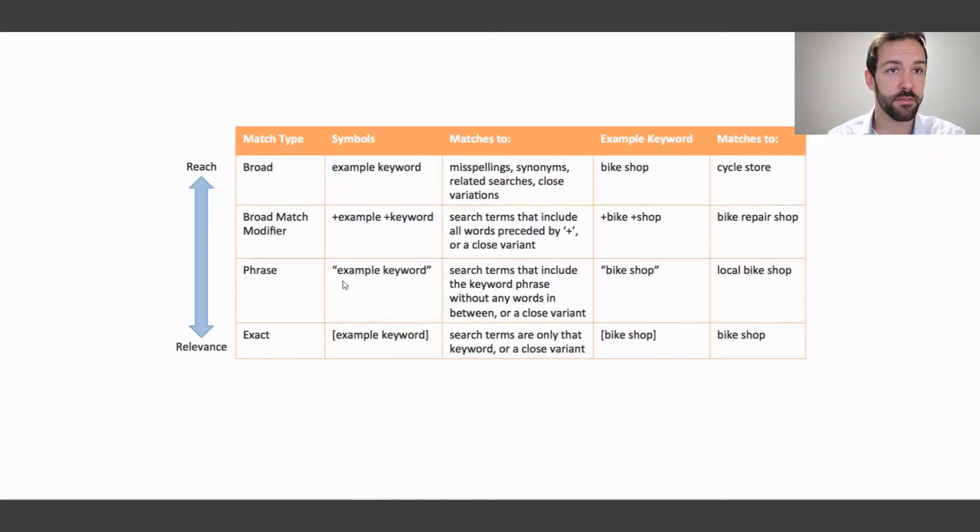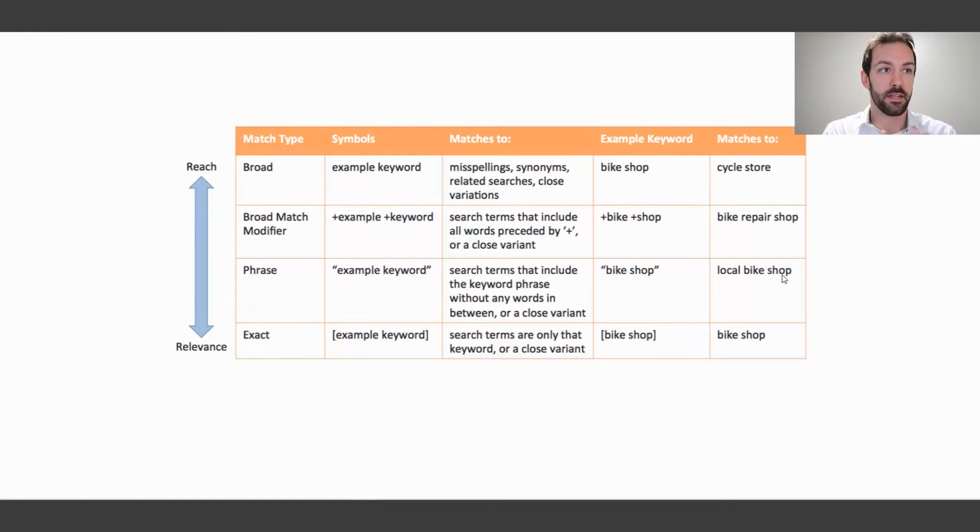So moving on into phrase, we have example keyword, and it's always in quotation marks. And this phrase or set of keywords has to include the keywords in between the quotation marks, and it has to literally run in order. So we can see bike shop, local bike shop.